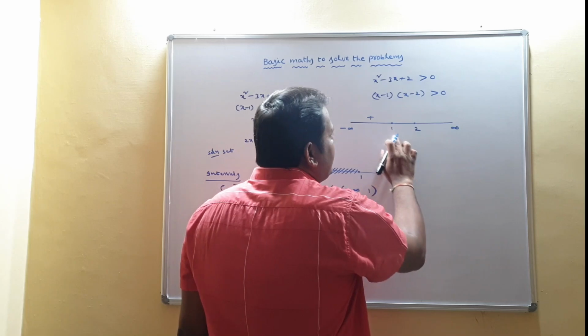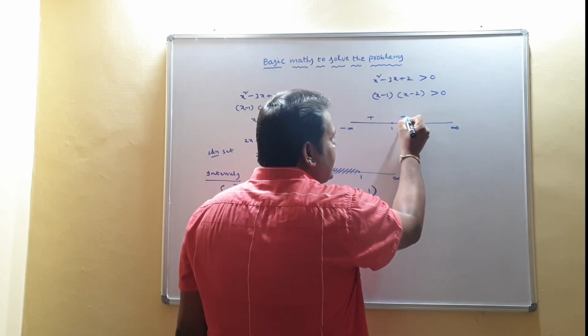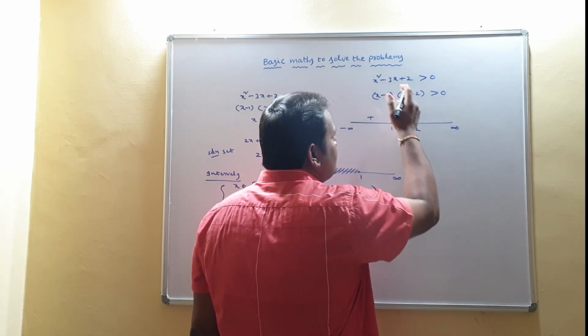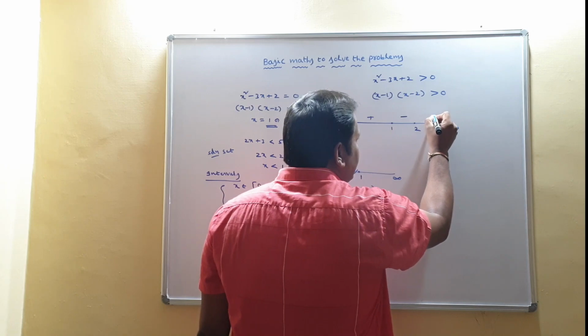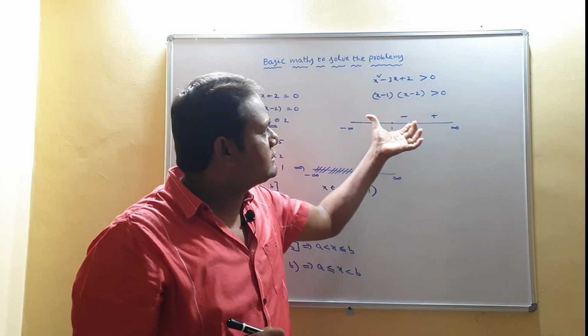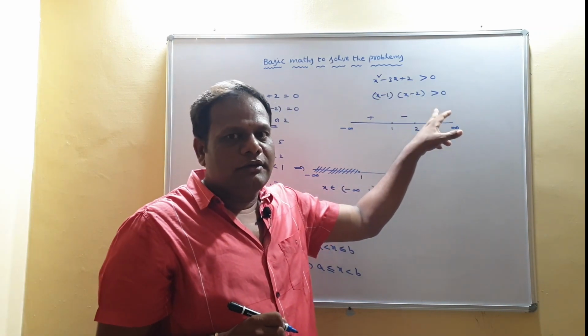Like that, between 1 and 2, you take one number and put that in this inequation, you get negative. And from 2 to infinity, you take any number and put that in this inequation, you get positive. Now here, what we want are the values of x so that (x minus 1) into (x minus 2) is greater than 0.